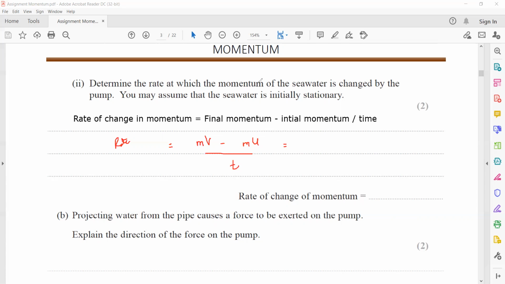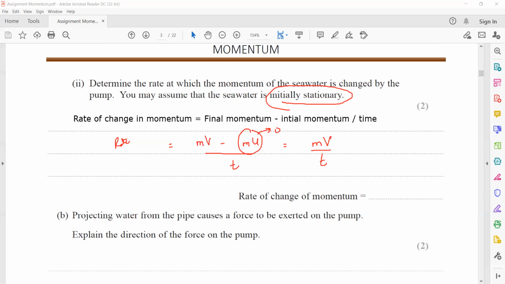Because initially we consider that it was stationary, the initial momentum will be 0. So we can write mv divided by t. So m is the mass, v is the speed at which it is coming out, and t is the time. As I mentioned, it is taking 1 second, so time is equal to 1 second.